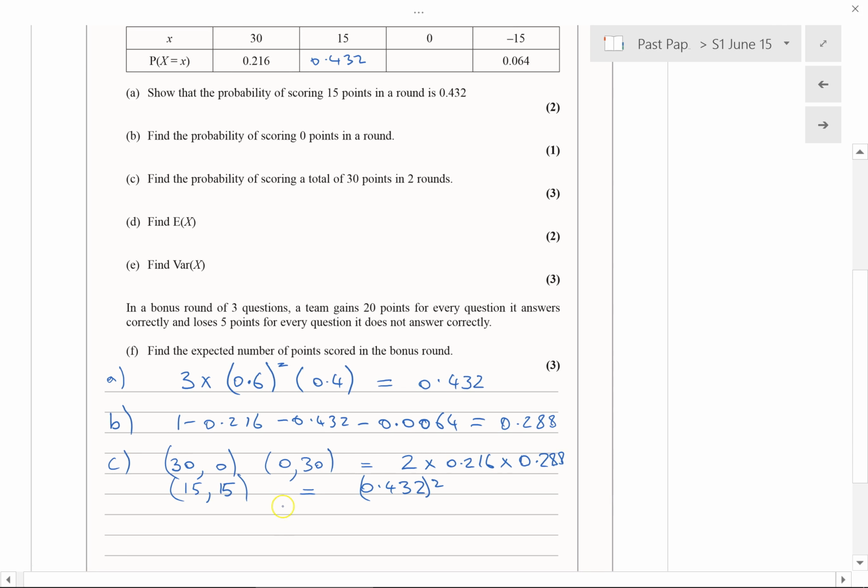So we add all of those together, and that comes to 0.311 to 3 significant figures.